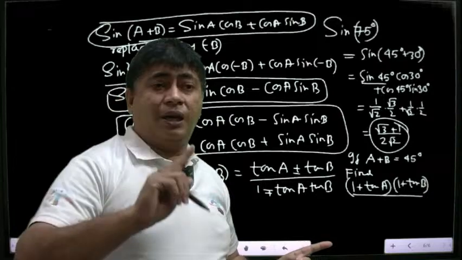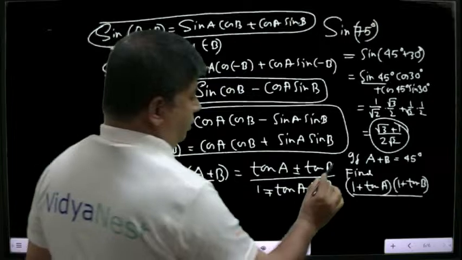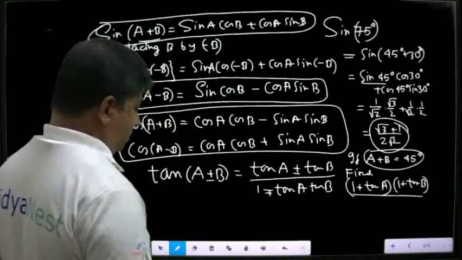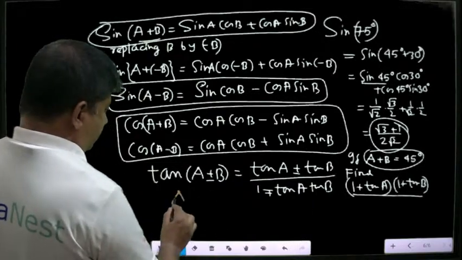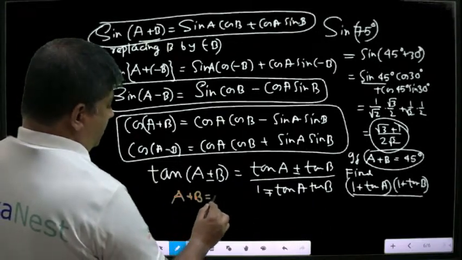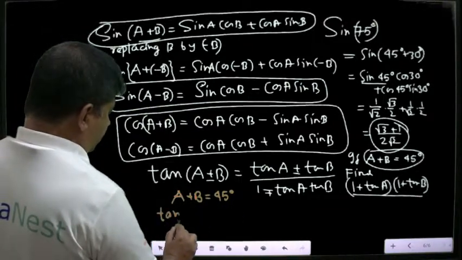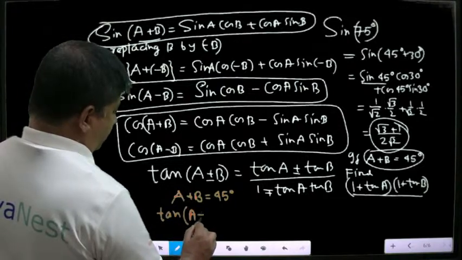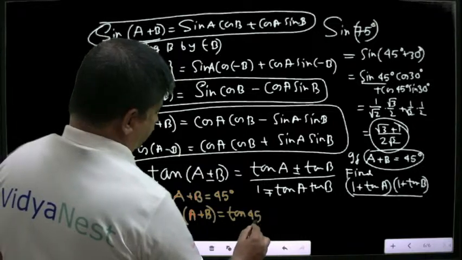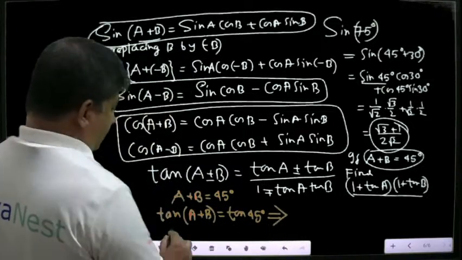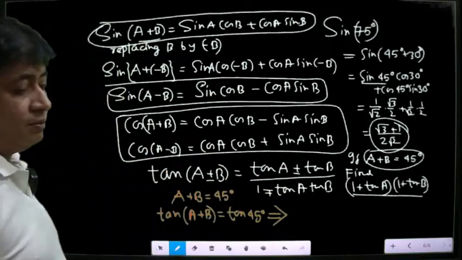So in terms of tan, what formula is provided for you? Tan A plus B or A minus B. So you pursue with the given condition. What is that? A plus B is equal to 45 degree. Now you take tan to both sides. Now tan A plus B will be expanded by this formula: tan A plus tan B by 1 minus tan A tan B.